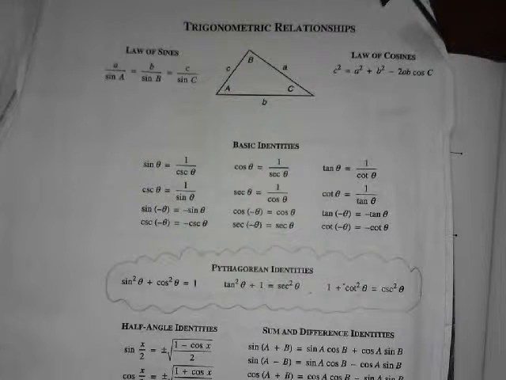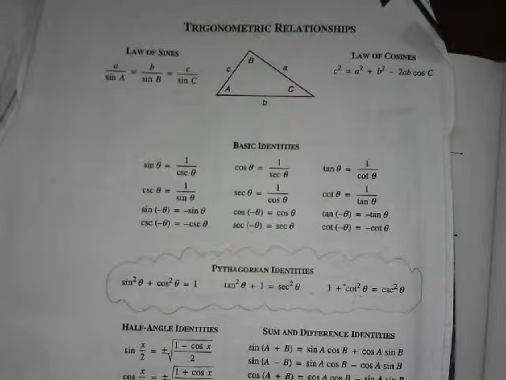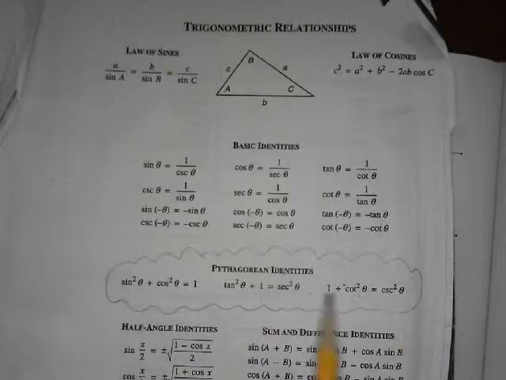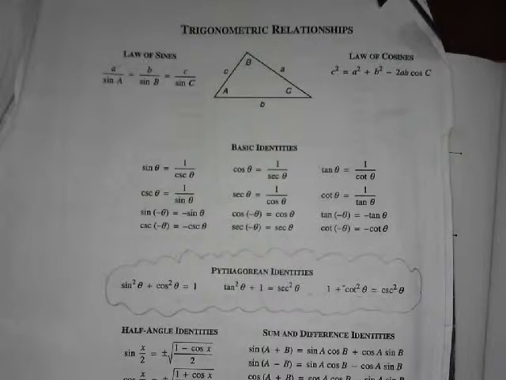You'll learn more in pre-calc, but you're going to start learning it right now. So I'm going to show you why this one's true, and for the other two, if you want to try to prove them yourself, that's fine, or you can look in your textbook.